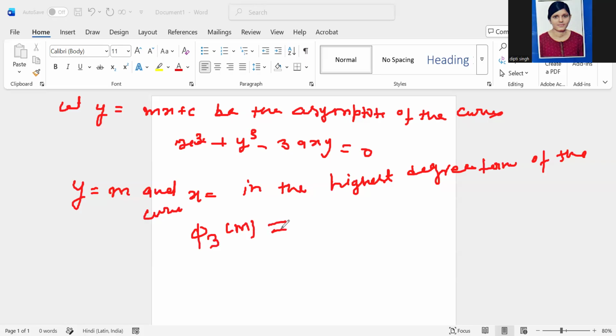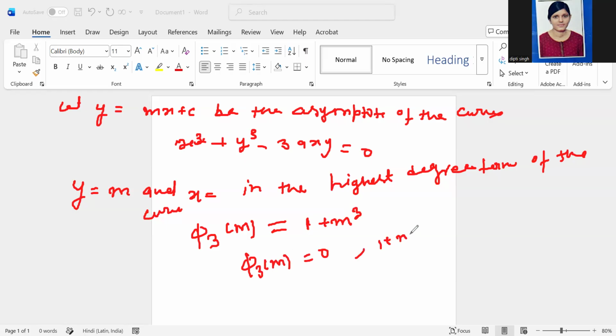So phi 3 of m equals: in place of x we put 1, and in place of y we put m. Now we need to calculate the value of m for phi 3 of m equal to 0.